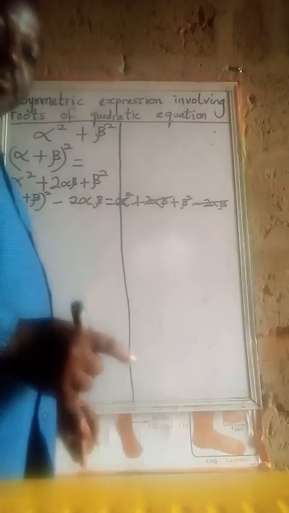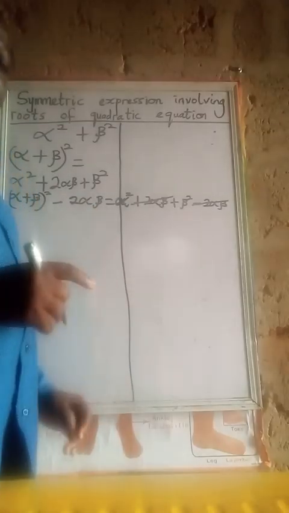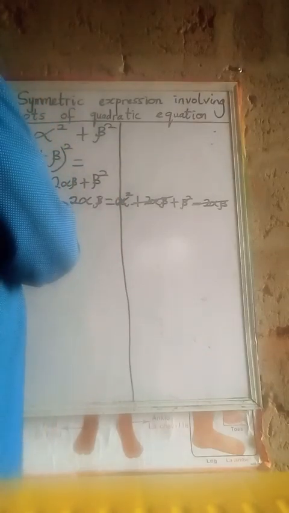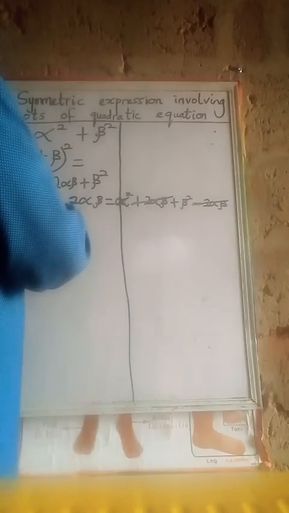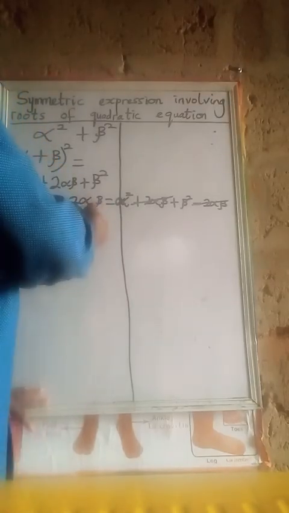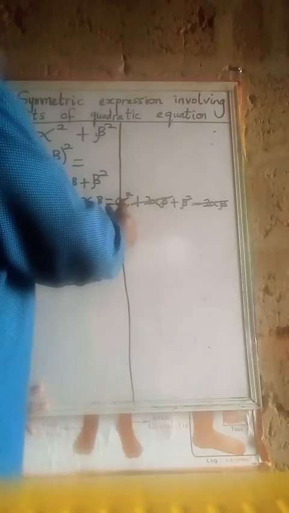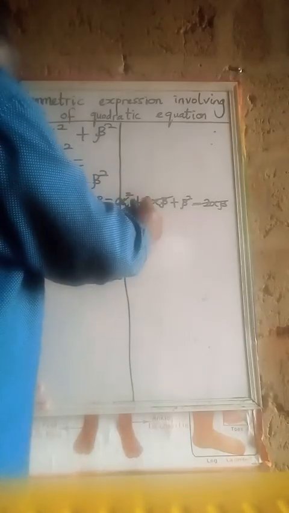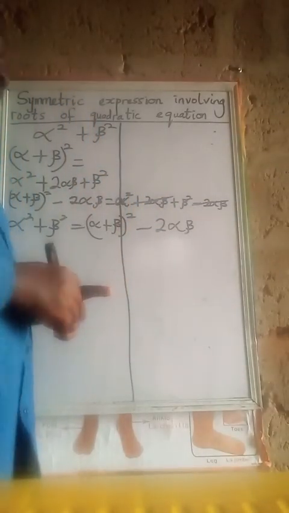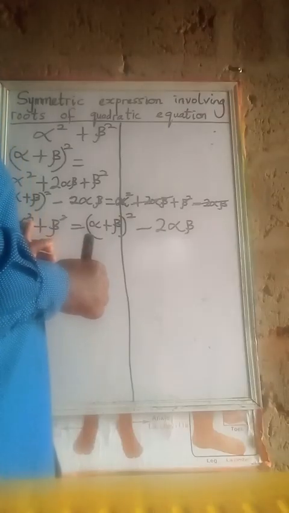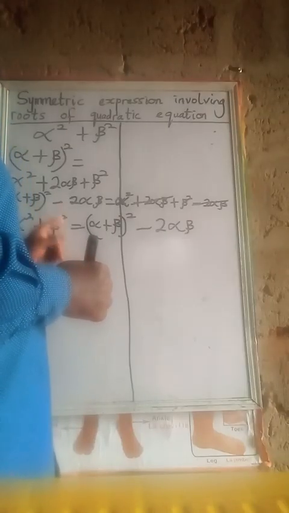So therefore, whenever you are asked to simplify the value of alpha square plus beta square, you'll be able to say alpha square plus beta square is equal to alpha plus beta raised to the power of 2 minus 2 alpha beta. And this is the expression from which alpha square plus beta square was formed.